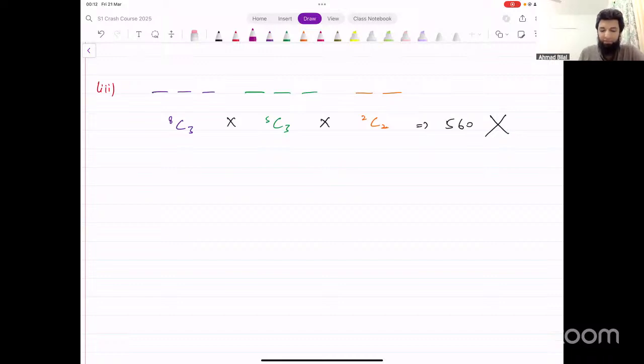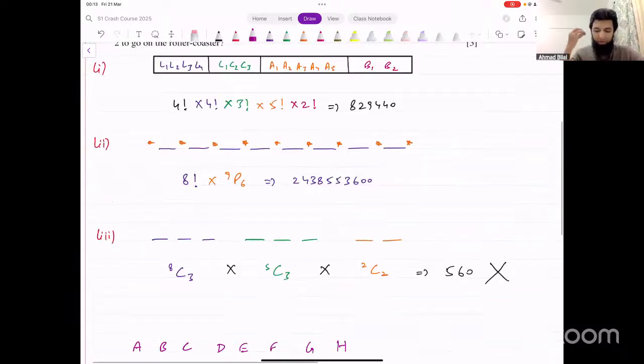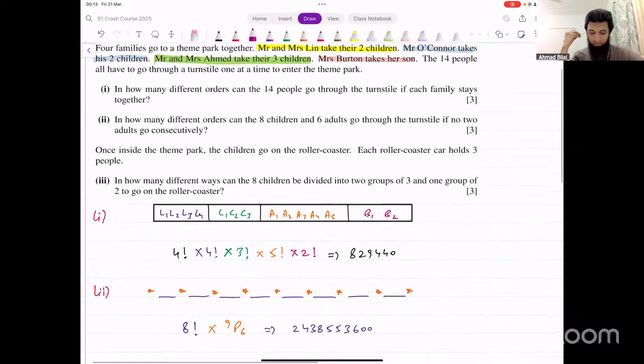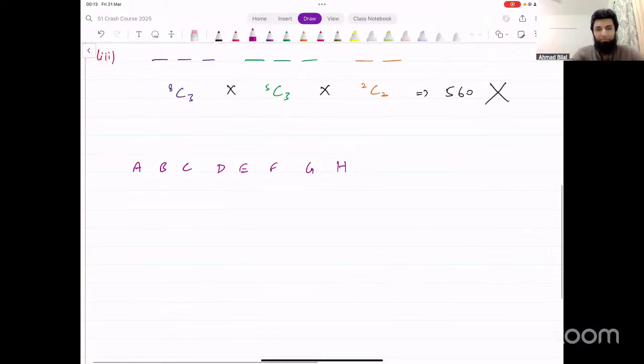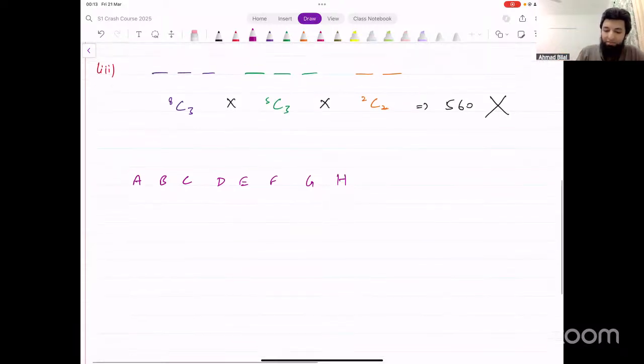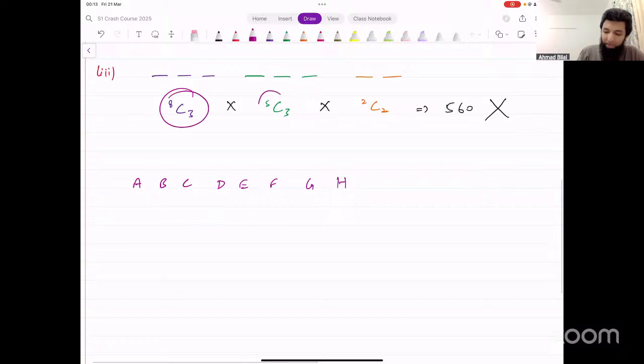Let's say we have people named like this: A, B, C, D, E, F, G, H. Now, the problem here is we have two groups that both have 3 members each.